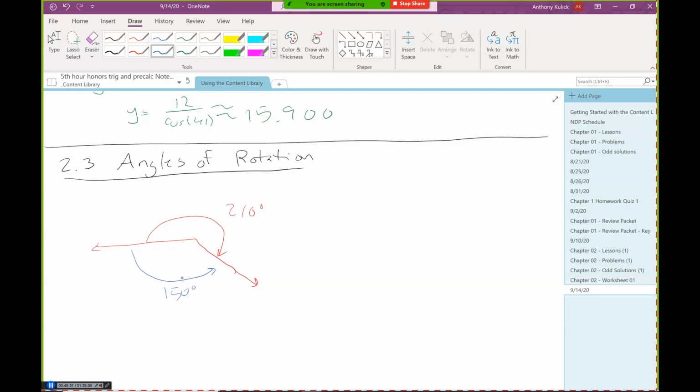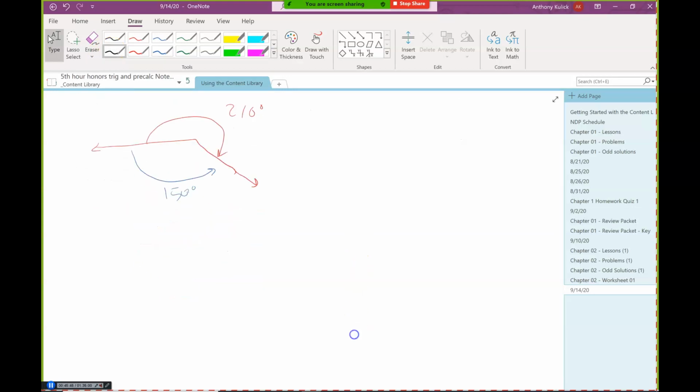So what we want to do here today is come up with a system where we can define these bigger angles, and we can define even things like negative angles, with this new system that we're going to develop right here, right now. We're going to embed all of our angles into the xy axis. We're going to fix one arm of the angle onto the positive x-axis. We're going to call that the initial side.